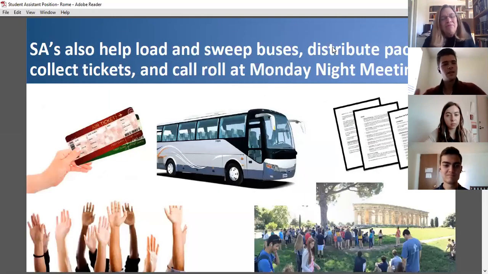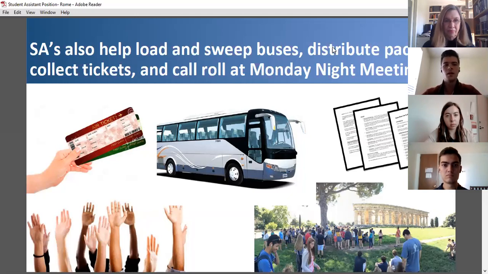Next slide. And in addition, on those trips, we take buses everywhere, to the different sites and from hotel to hotel. So one of your duties, in addition to being on duty, is you have to stay an extra 2 minutes after everyone gets off the bus, sweep the bus, make sure no one's left anything important on there.